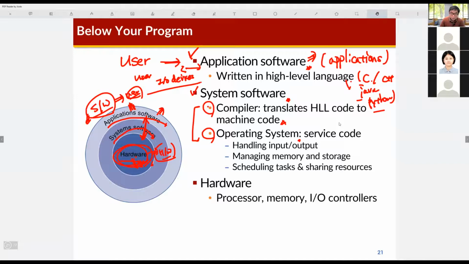But the application software engineer can have minimal knowledge of the hardware. Okay, you understand? And then hardware is just the processor, memory, and its I/O controllers. So this is just the hardware.